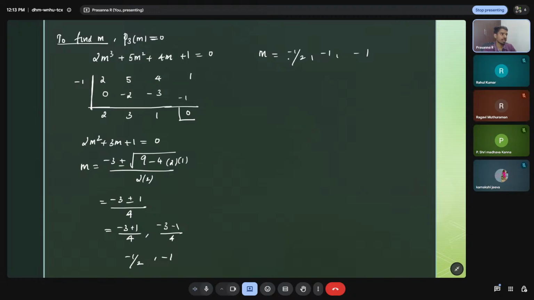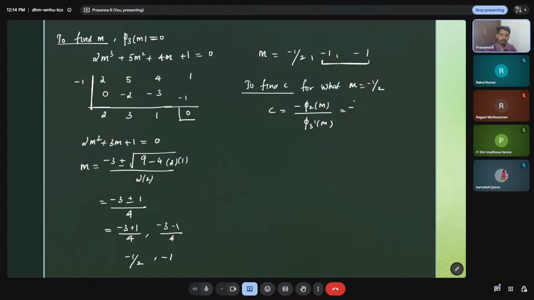For m is equal to minus 1 by 2, c can be found using the first formula, and for m is equal to minus 1, we have to find c using the second formula because minus 1 is a repeated root, right? Now to find c for m is equal to minus 1 by 2, c is given by minus p2 of m by p3 dash of m.